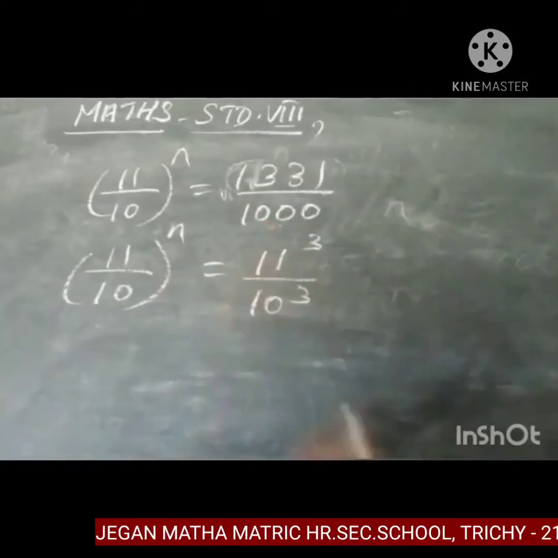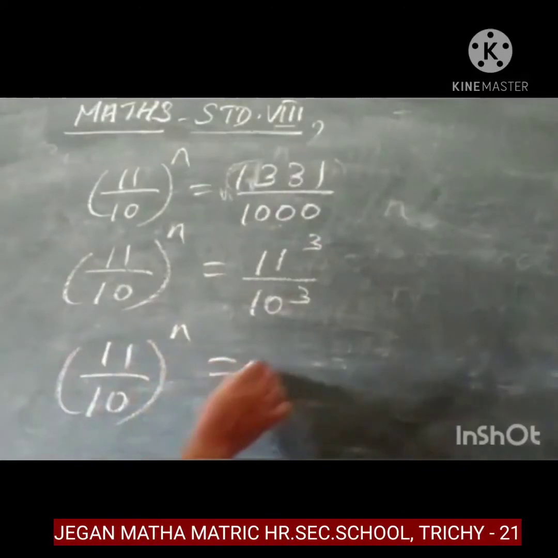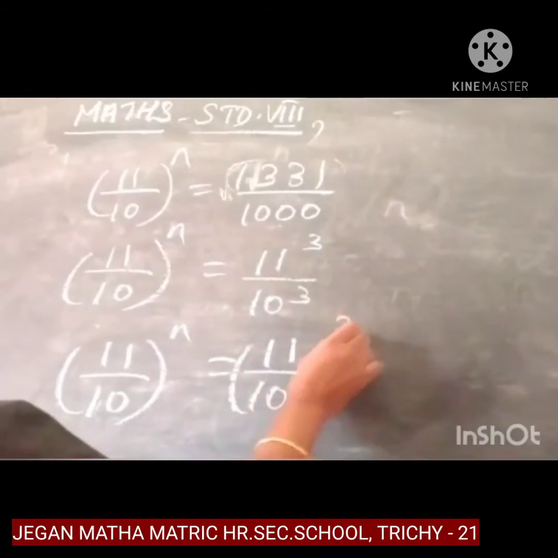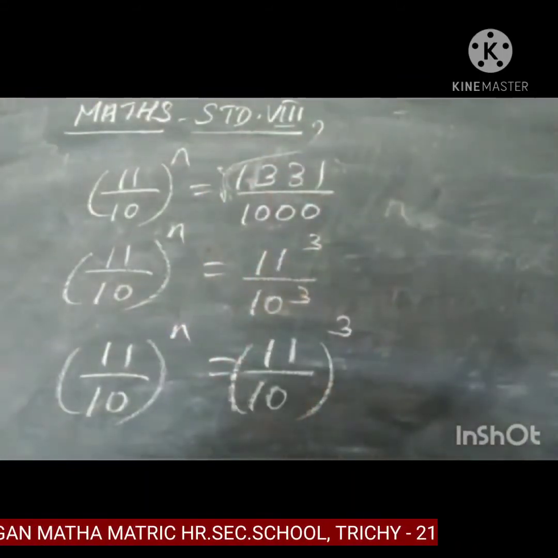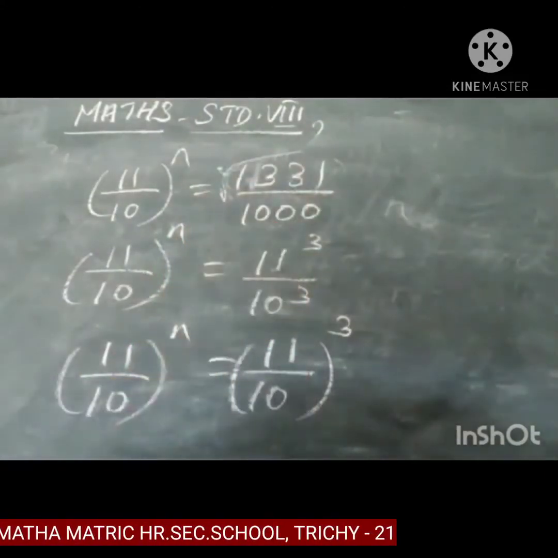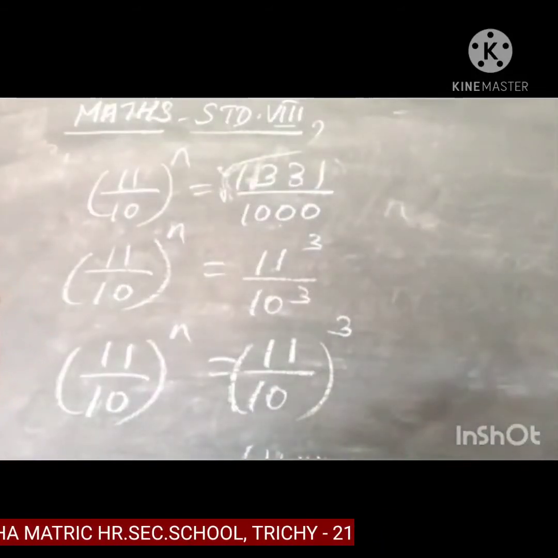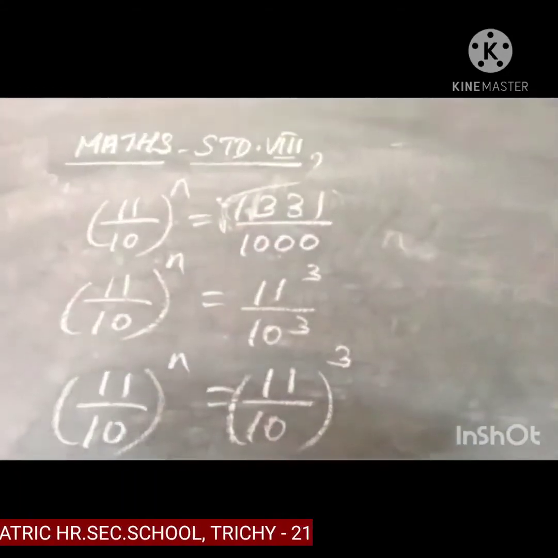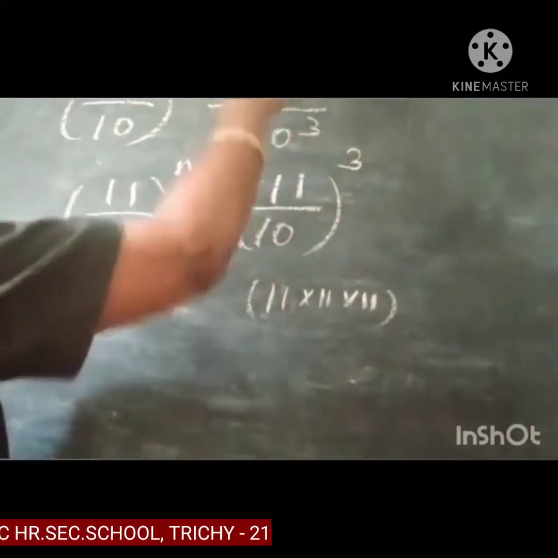Already we know that the cube root of 1331 is 11. 11 into 11 into 11, you have to multiply, then you will get 1331. That is the cube root of this one. And 10 cube is 1000, so 11 cube divided by 1000 is 11 cube divided by 10 cube.